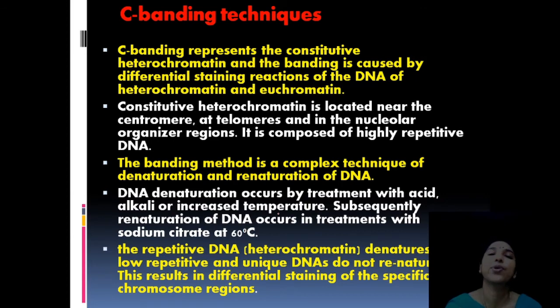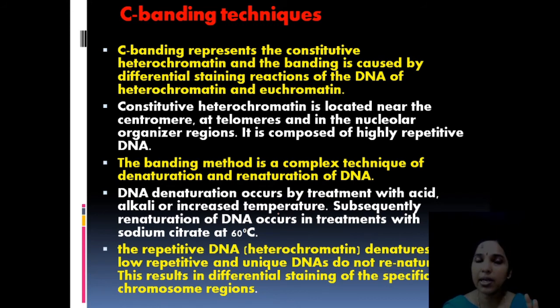Now let us move on to the next type, that is the C banding technique. What is C banding? This is banding in specific regions, especially the constitutive heterochromatin. Banding here is caused by differential staining reactions of DNA of heterochromatin and euchromatin. It is more concentrated in the constitutive heterochromatin. So only specific regions will bind with the stain.